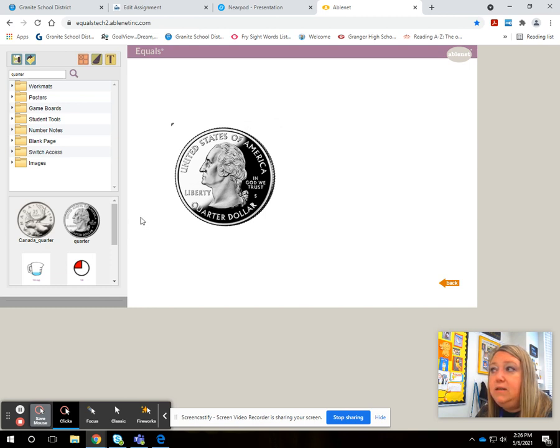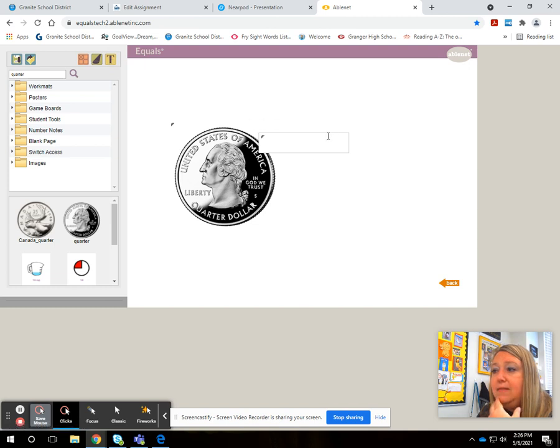Now, we count by ones with pennies, we count by fives with nickels, we count by tens with our dimes. Well, when we have a quarter, it's a quarter of a dollar. That means we're counting by 25s, which is crazy because it's a bigger amount, right?